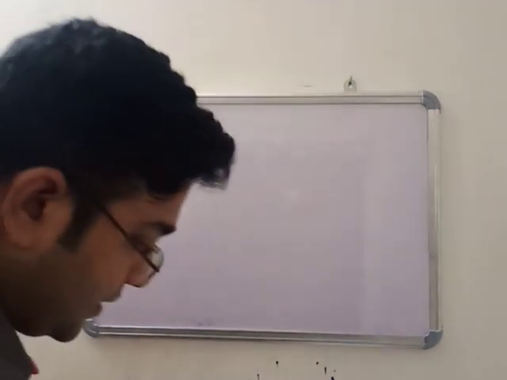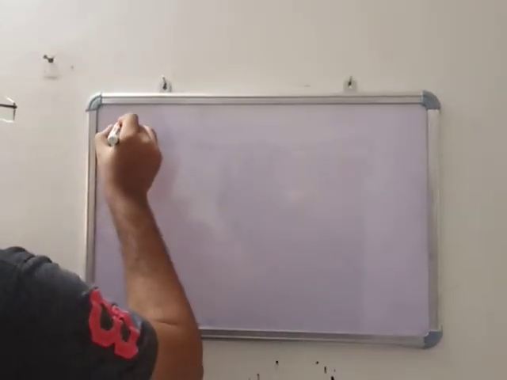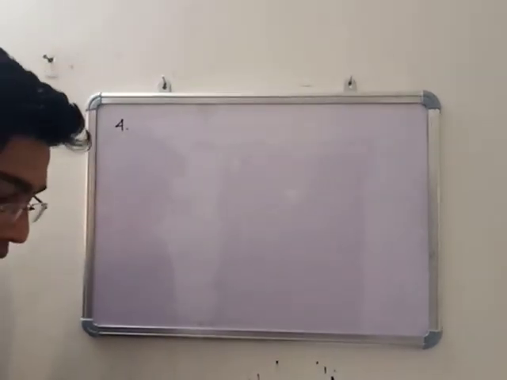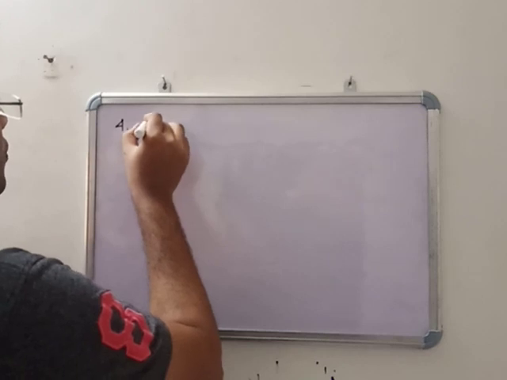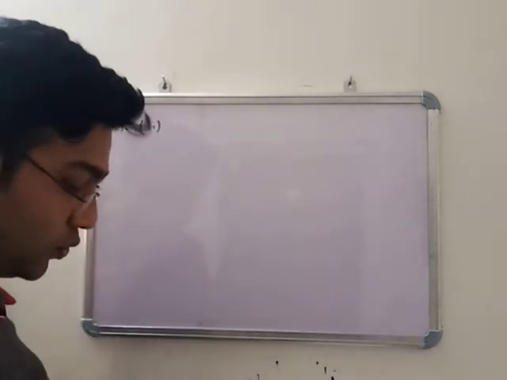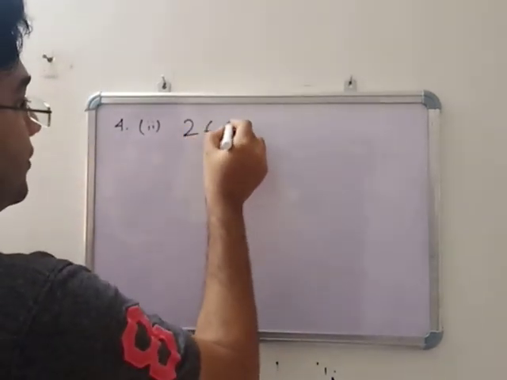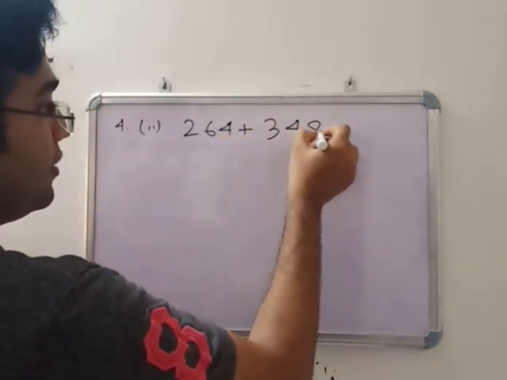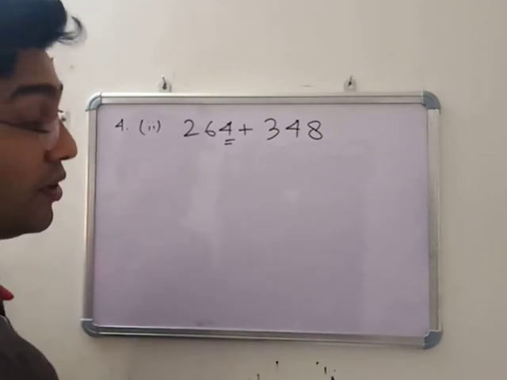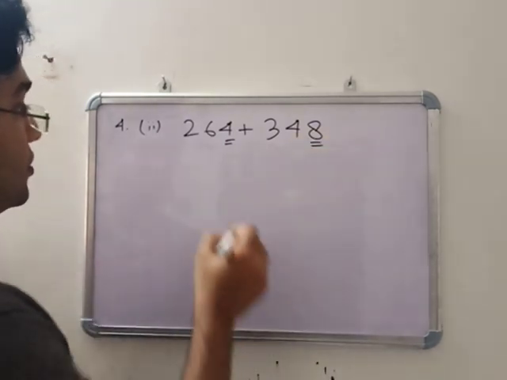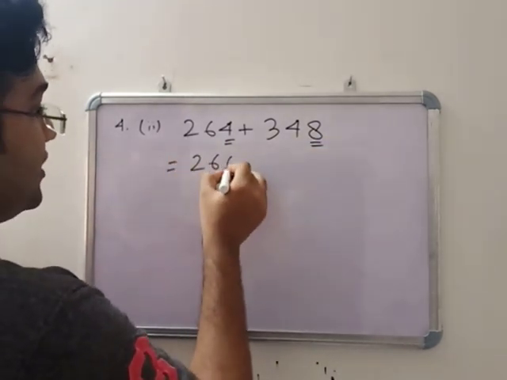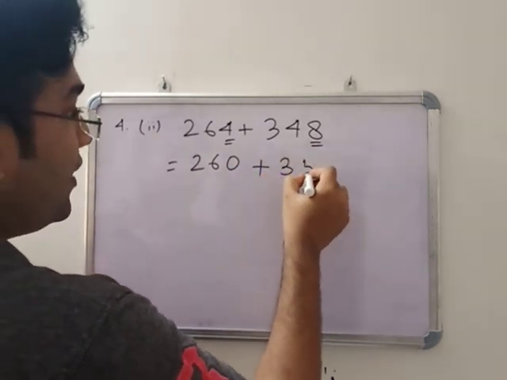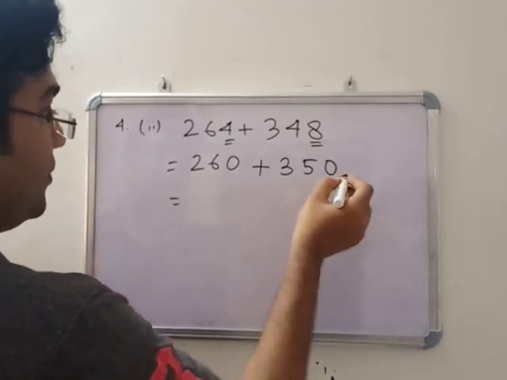Now for the next, number 4, see that, find the approximate sum nearest to 10. So in number 2, the number given is 264 plus 348. The last number here is 4, the last number here is 8. So that means 260 plus 350. That means 610.